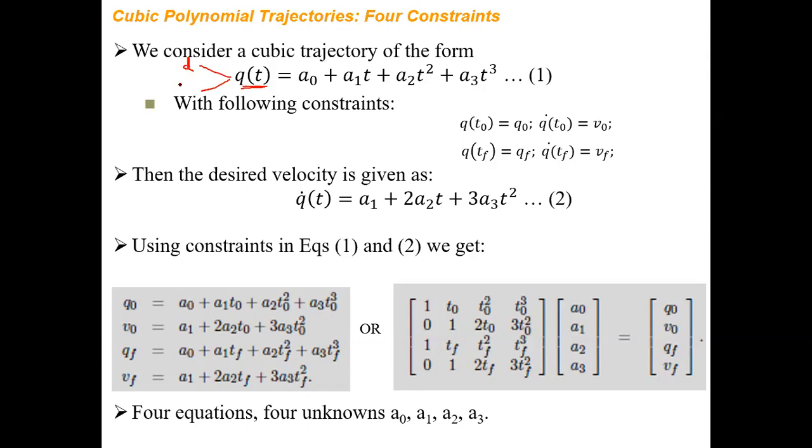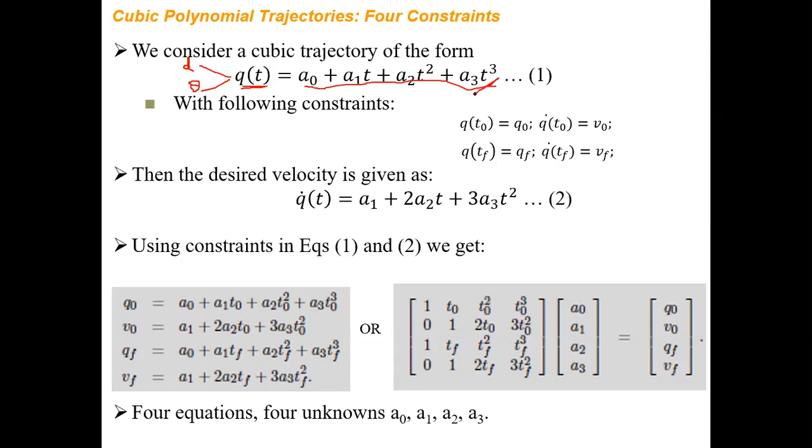For a prismatic joint, you have d. For a revolute joint, you have theta. So q could be d or theta. If it is a cubic polynomial, then the general form is this. It goes all the way to t to the 3.